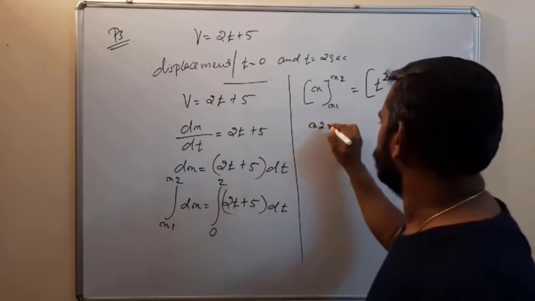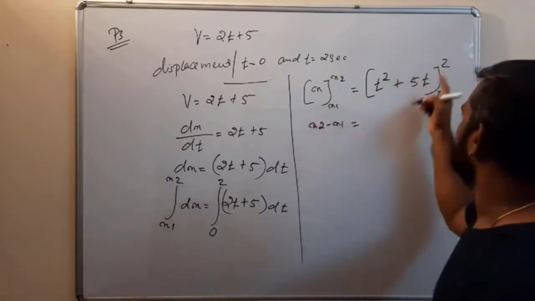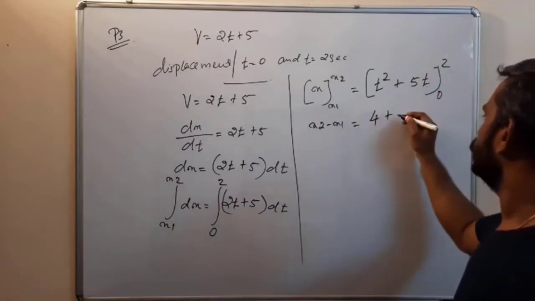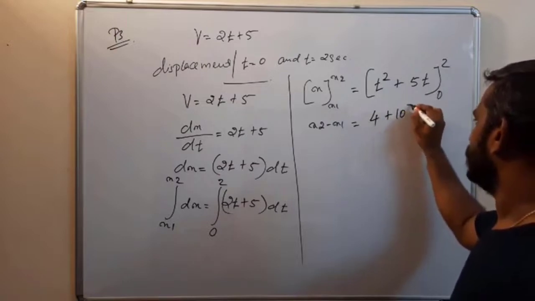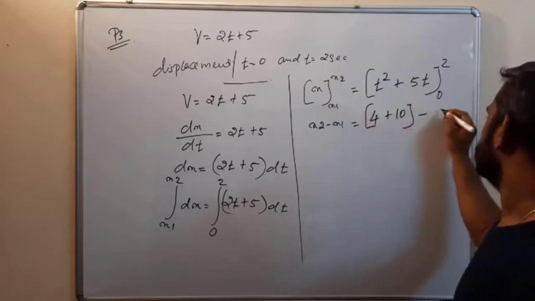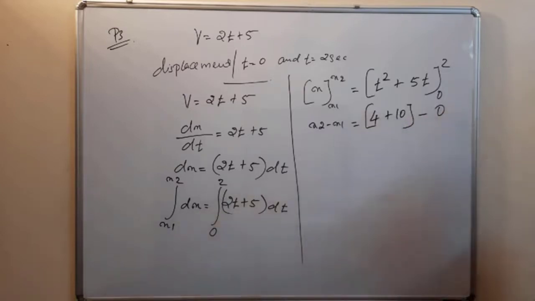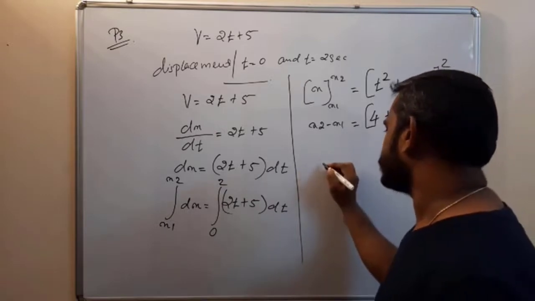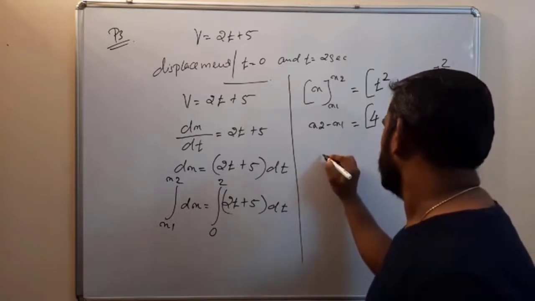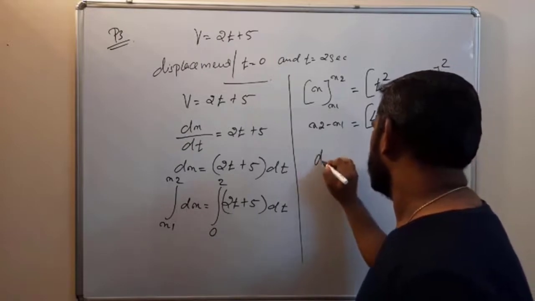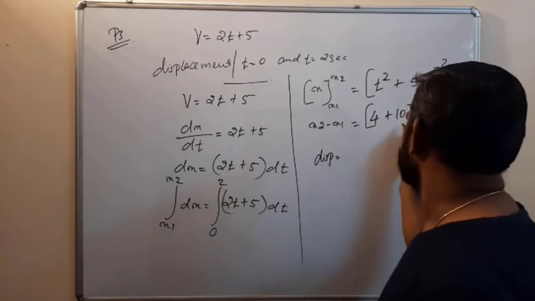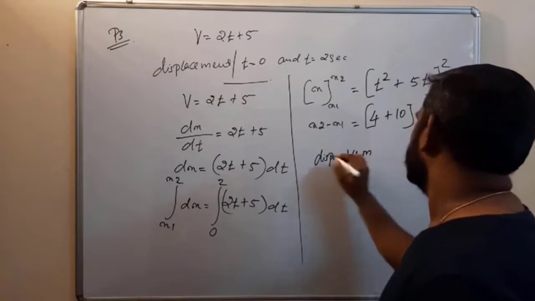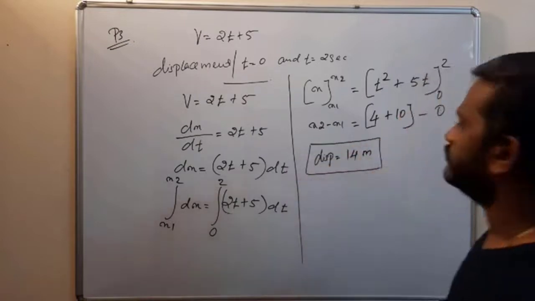So x2 minus x1 is equal to, applying the upper limit, t square, that is 4, plus 5 into 2, that is 10, minus 0 for the lower limit. So x2 minus x1, that is the displacement, is 10 plus 4, that is 14 meter. That is the answer.